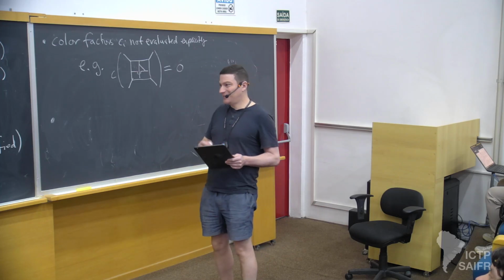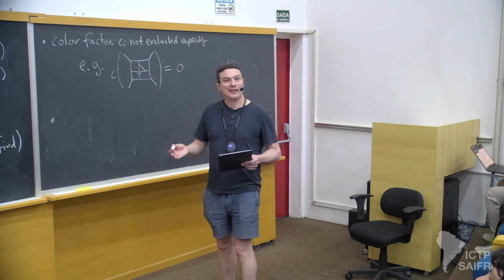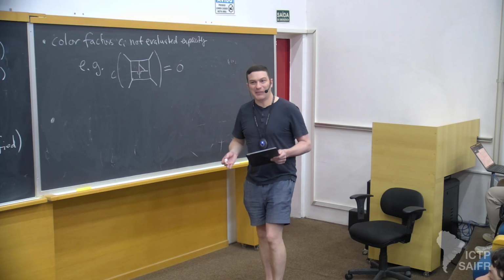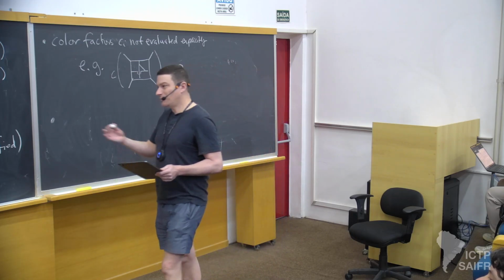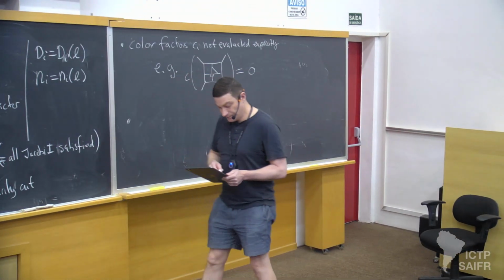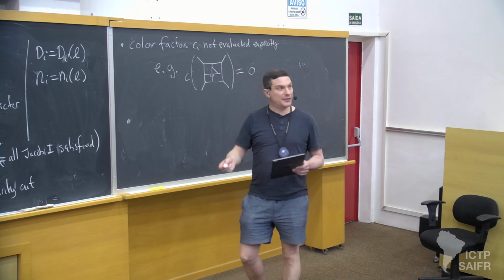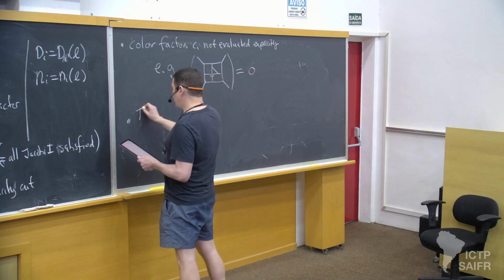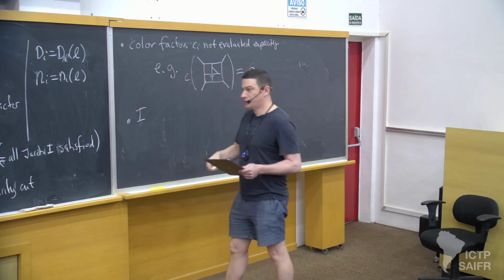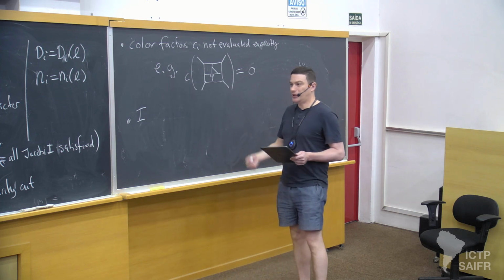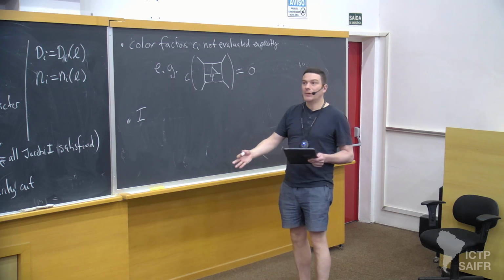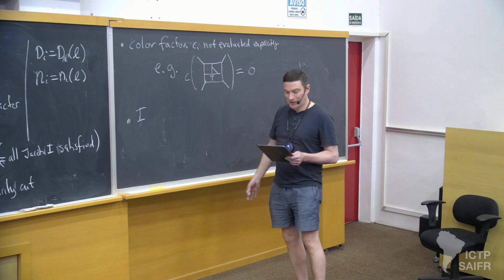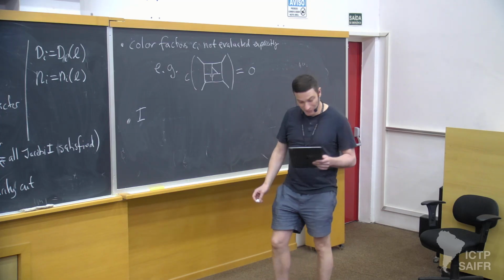No, that's a very tough question, and it actually depends on how you think about it. In some sense, there's an infinite number of graphs, because you can always shift your loop momenta, and you can count that as being different graphs. So essentially what you need to do is impose something such that you go down to a finite number of graphs. Otherwise, tough luck working with an infinite number of graphs.